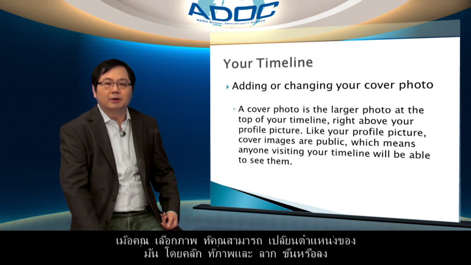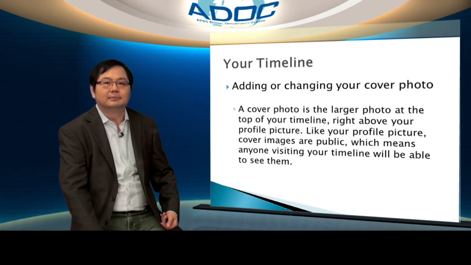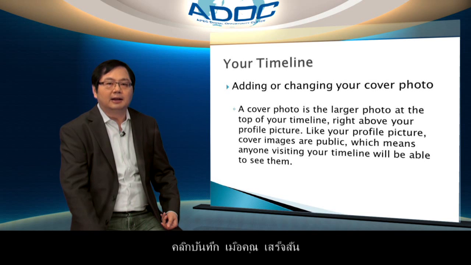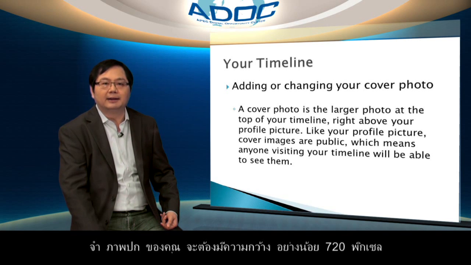Once you choose a photo, you can reposition it by clicking on the image and dragging it up or down. Click Save when you finish. Remember, your cover image has to be at least 720 pixels wide.